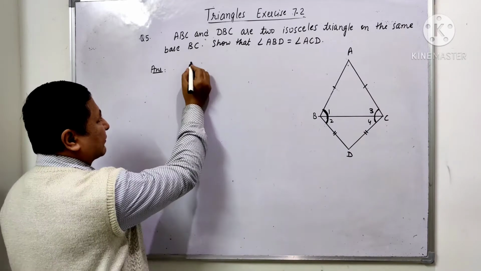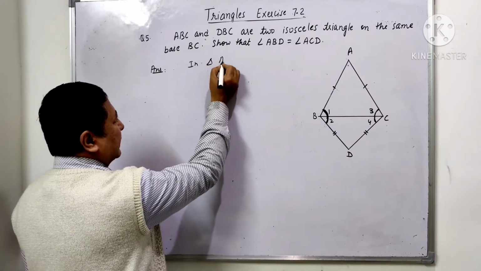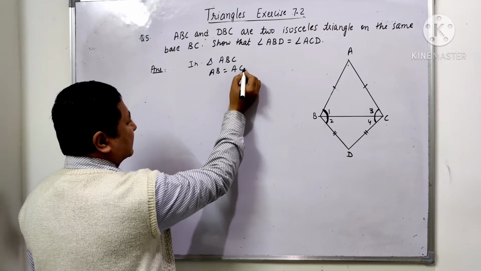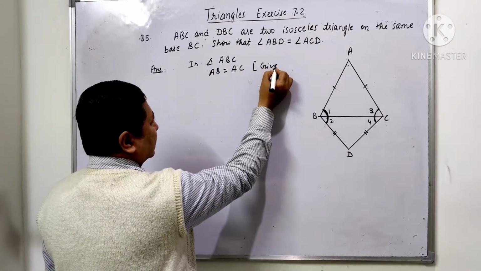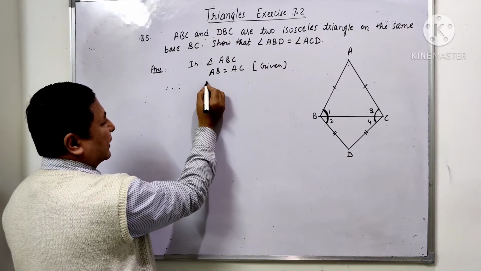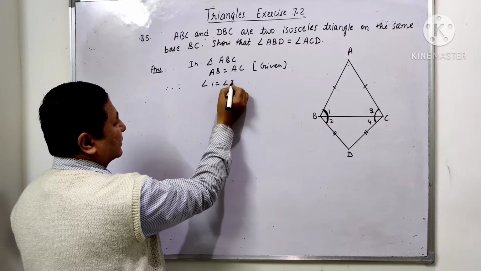So now let's take the first triangle ABC, in which it is given that AB is equal to AC. It is given because it is an isosceles triangle. Therefore, we can write that angle 1 is equal to angle 3.